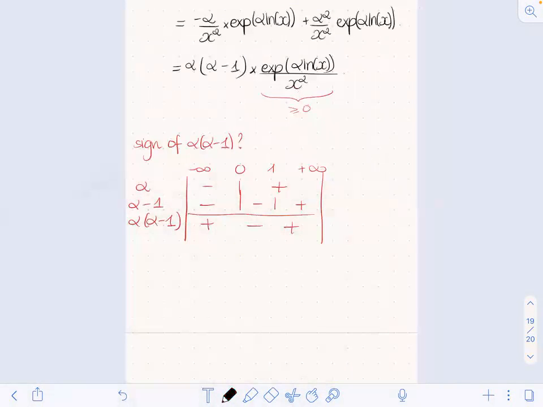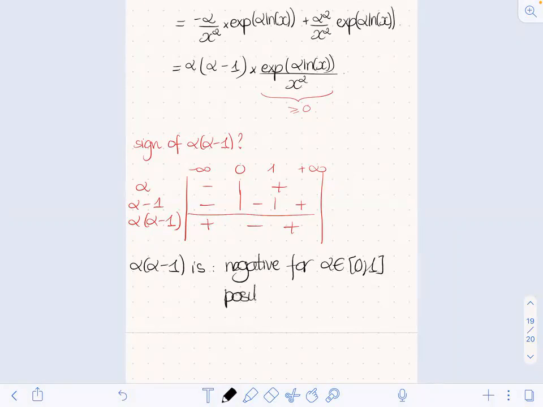So alpha, alpha minus 1 is negative for alpha between 0 and 1 and positive otherwise.